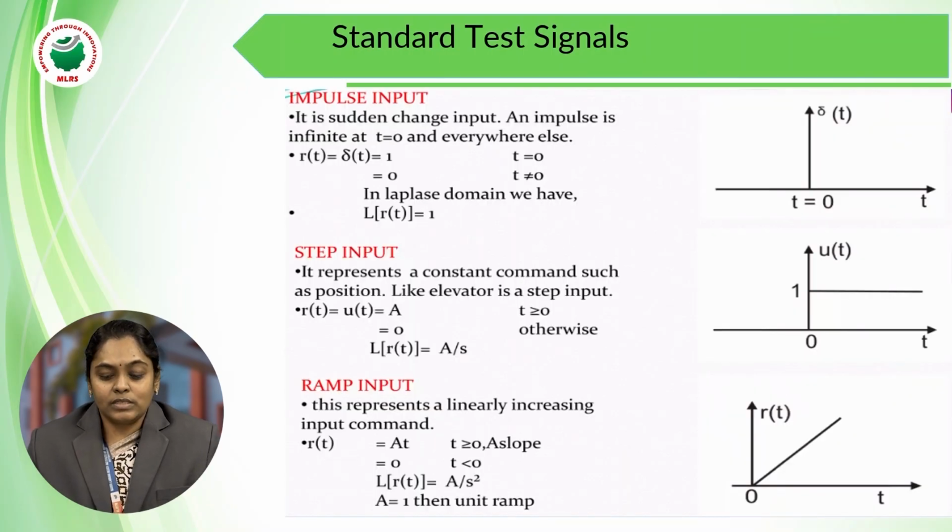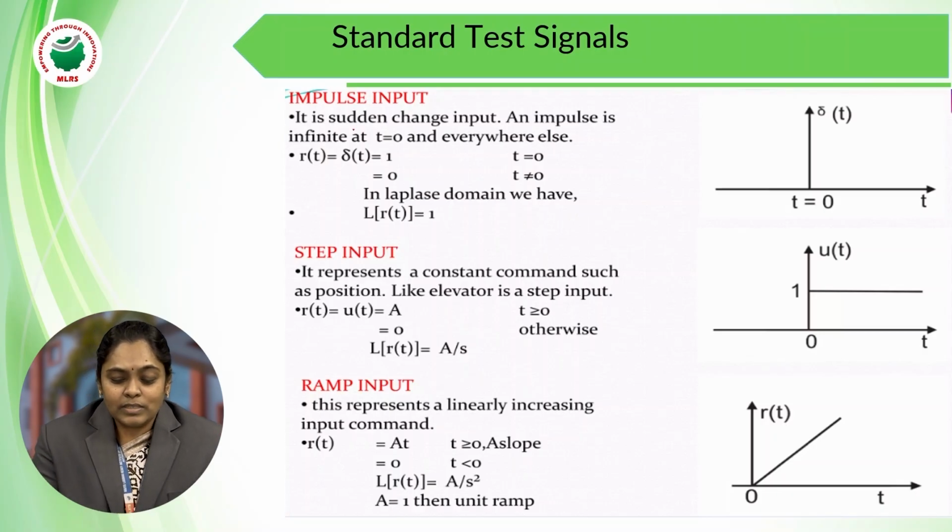So coming to the first standard test signal, which is the impulse input. Here we can define an impulse input as a signal that is present only at t equal to 0 and elsewhere, for t less than 0 as well as t greater than 0, the signal won't be present. So we can represent that it is a sudden change in the input.